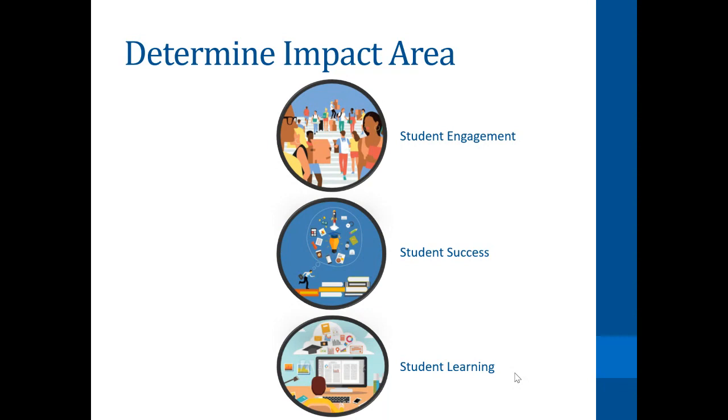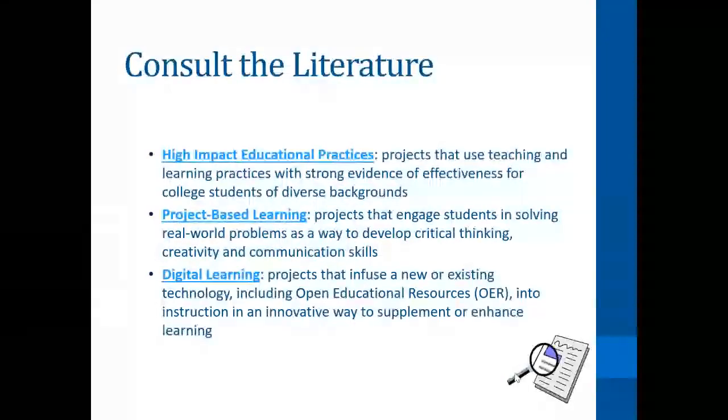I want my students to be able to think critically, and I'm looking for my proposal to define or implement an innovative way to increase student critical thinking skills, right? I'm going to implement some specific strategy to increase mastery. So think about which area you're going to impact in terms of student learning.